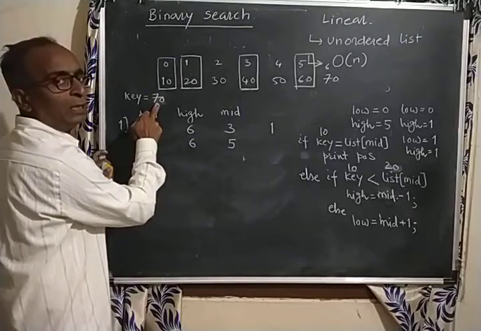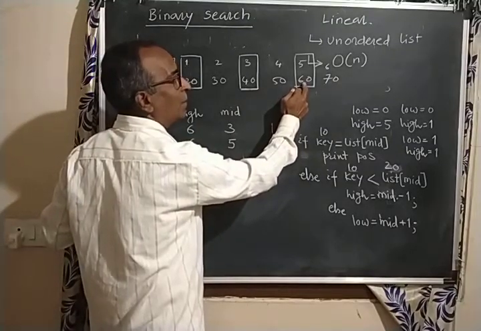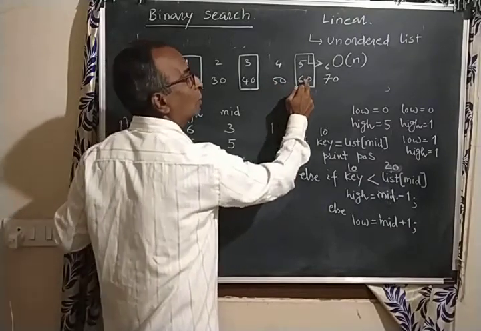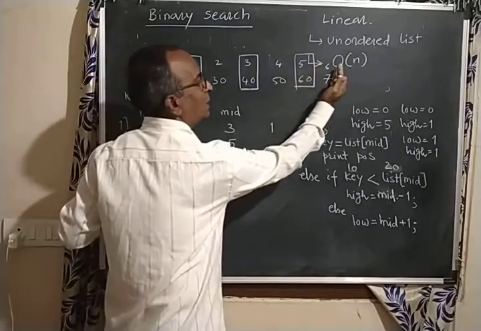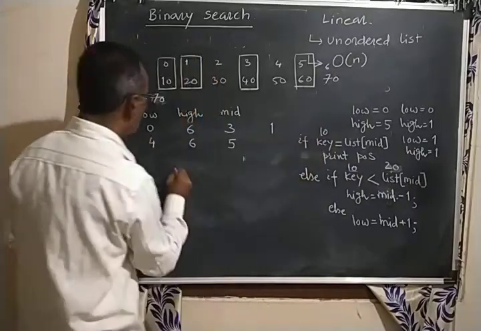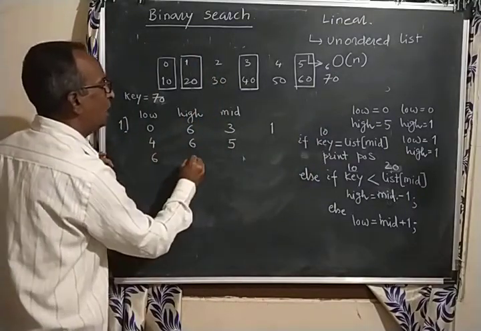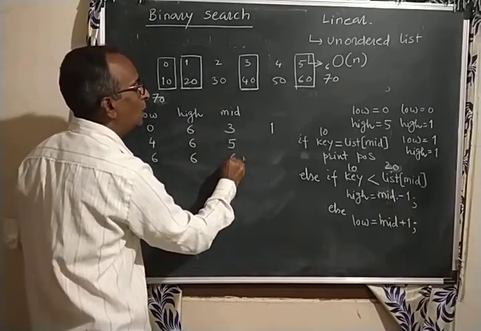You are searching for 70. 70 is greater than this mid element, current mid element in this sublist. So where it lies? Towards right hand side of this mid element. So when right hand side, you are changing low now, low to mid plus 1. What will be next low? Mid is 5, next low will be 6, high we are not changing, 6 plus 6 by 2 it will be 6.